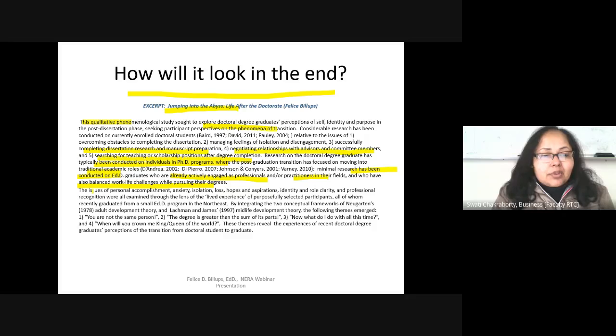The next comes the personal achievement: issues of personal accomplishment, anxiety, isolation, loss, hopes, aspirations, identity and role clarity, and professional recognition were all examined through the lens of the lived experience of purposefully selected participants, all of whom recently graduated from a small EdD program in the Northeast.